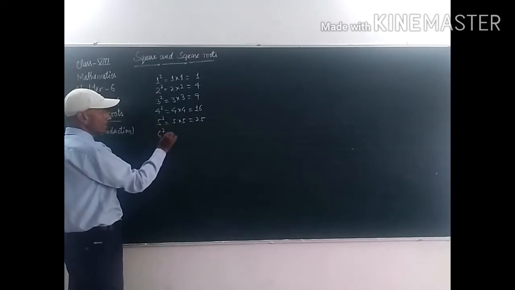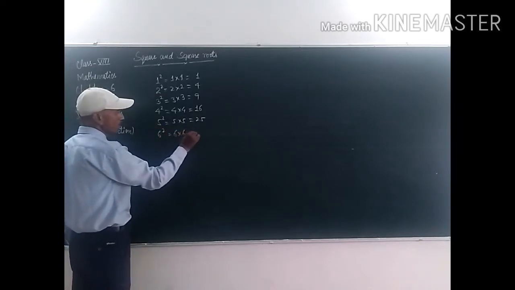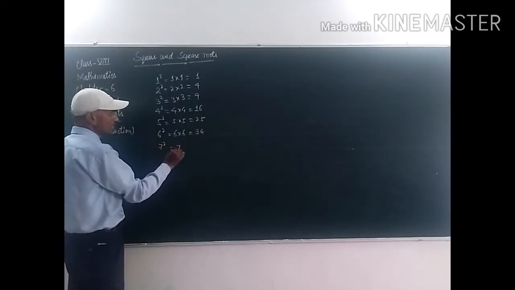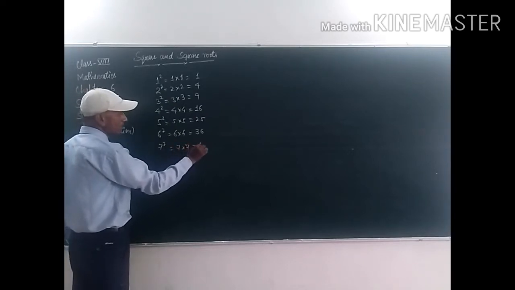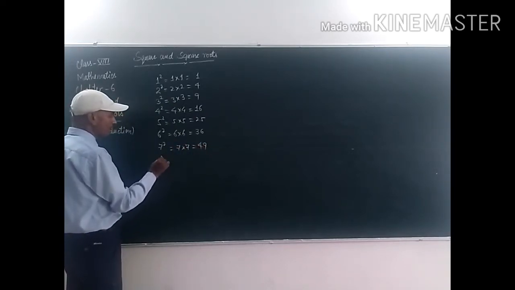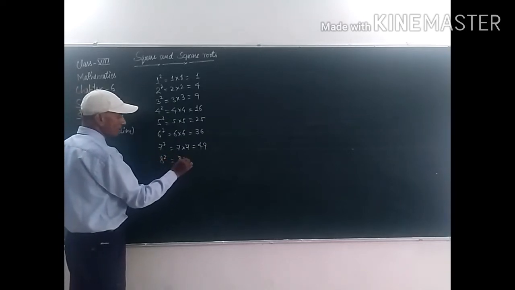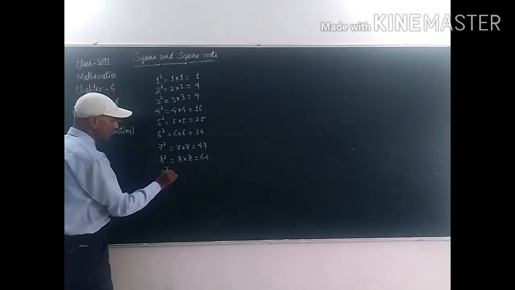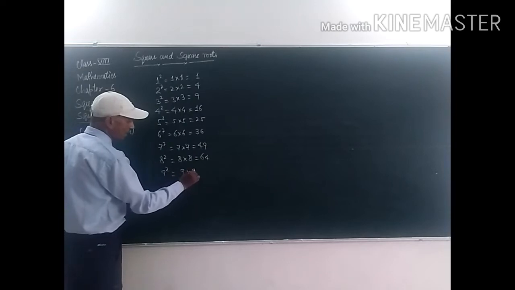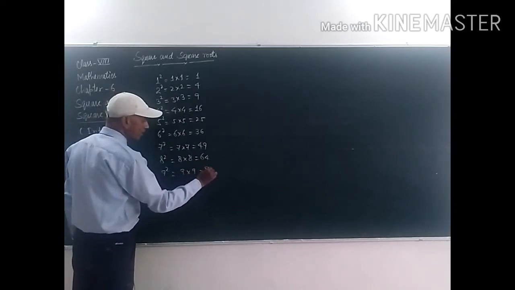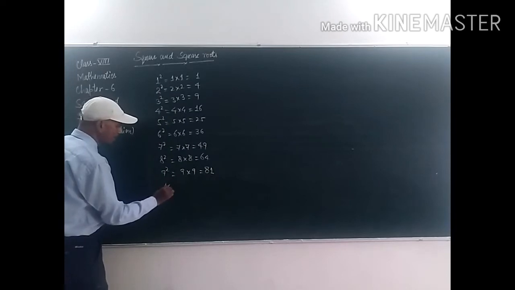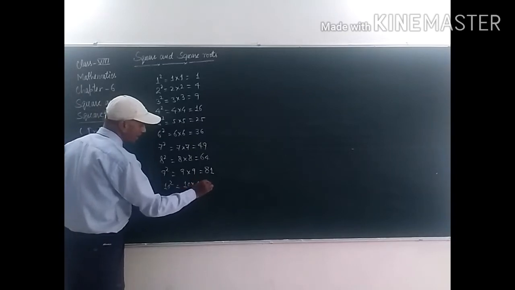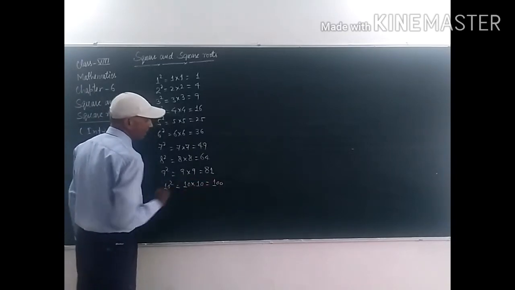Square of 6, it means 6 into 6 is equal to 36. Square of 7, it means 7 into 7, that is 49. Square of 8, it means 8 into 8 is equal to 64. Square of 9, it means 9 into 9, and it is 81. Square of 10 is equal to 10 multiplied by 10, and is equal to 100.